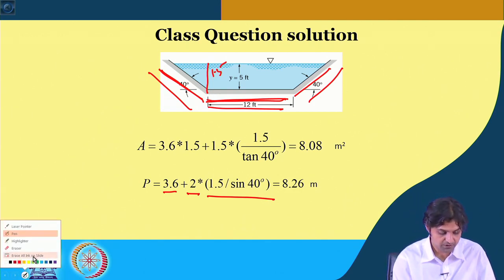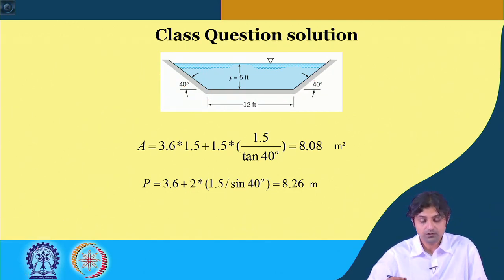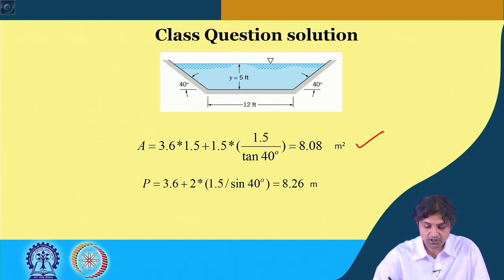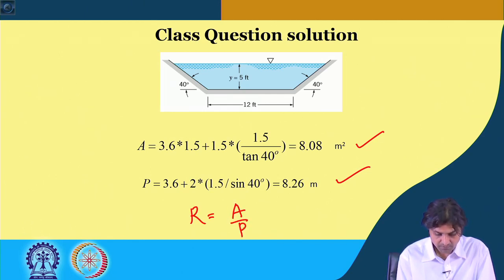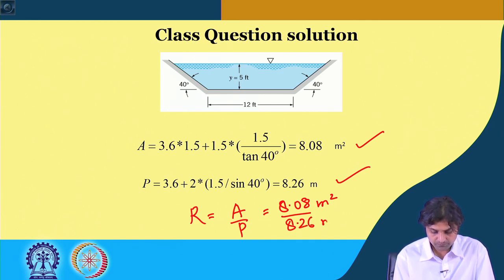So, we have calculated the first 2 parts that we needed. Area is coming out to be 8.08 meter square and wetted perimeter P is coming out to be 8.26 meters. So, hydraulic radius is going to be A by P, and 8.08 divided by 8.26 is almost 0.99 meter.